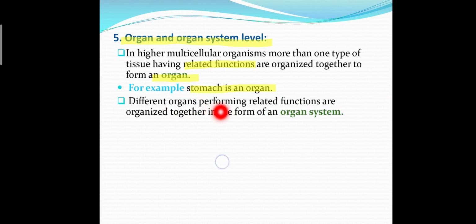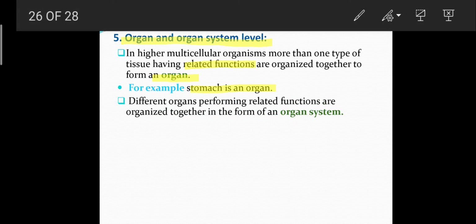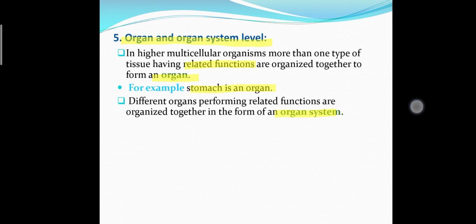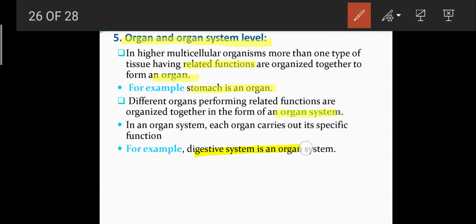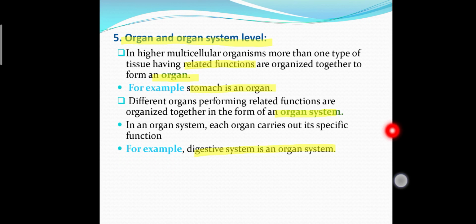Different organs which perform related functions are organized together in the form of an organ system. For example, the digestive system is an organ system. In an organ system, each organ carries out its specific function.